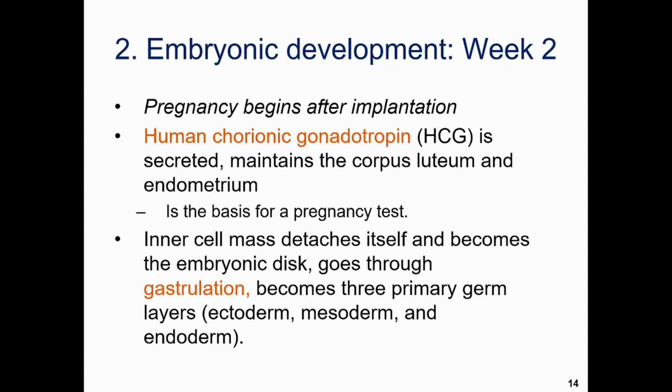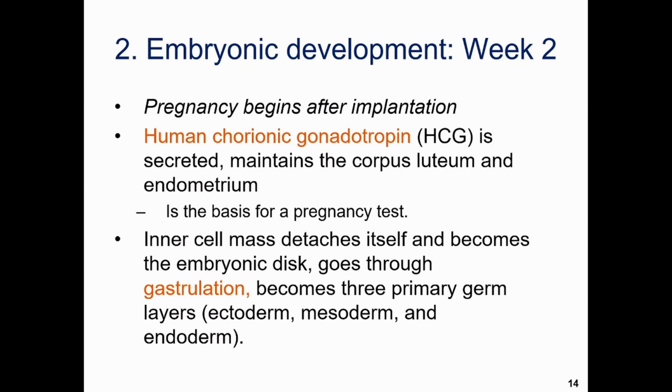During the second week, that inner cell mass will detach itself and become what we call an embryonic disc and go through what's called gastrulation. Gastrulation is the folding inward on itself where we start to form the very first opening that will eventually become part of the GI tract.